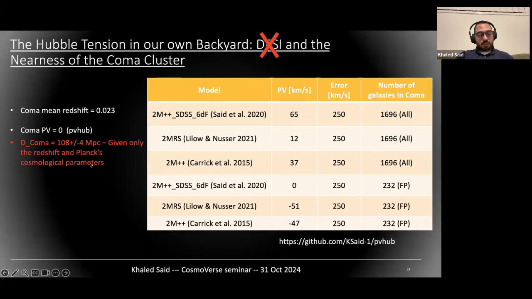And if you just use Planck's values of H0, Omega_m and Omega_lambda and calculate the distance to Coma based only on this redshift, and assume zero peculiar velocity, you get something around 108 plus or minus 4, and this 4 is coming from the 250 kilometers per second. So you actually don't need DESI to reach the same result, that Planck will find a higher value of distance to Coma or to any other clusters.